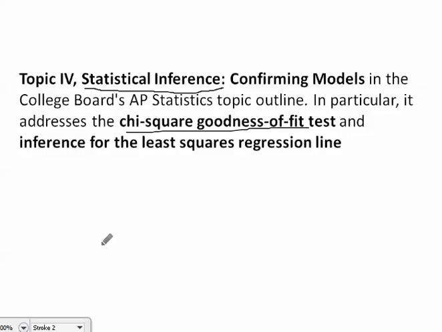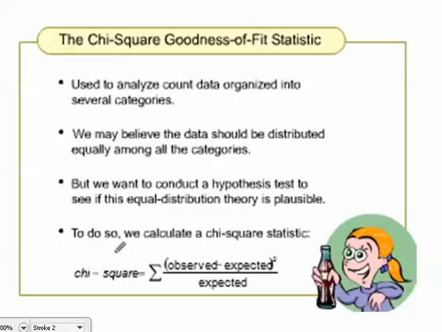And you're trying to see if those parameters meet what you expect them to meet. So to do that, we're going to calculate a chi-square number, and it's going to be the observed minus the expected. And we're going to get rid of any negative numbers by squaring it and then dividing by the expected number, and that will give us a number. And it'll always be a positive number.